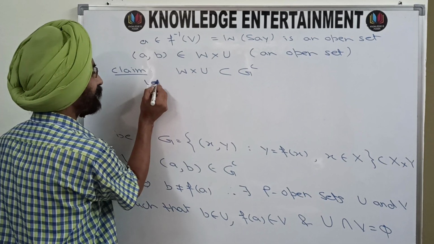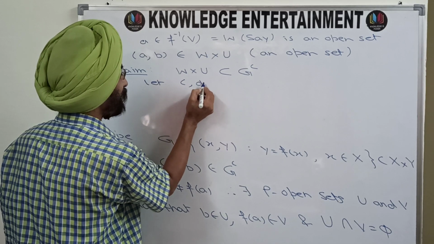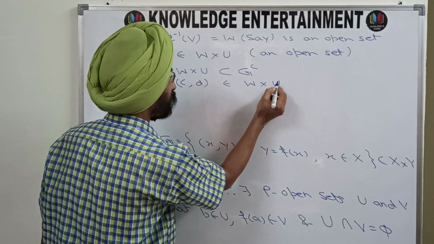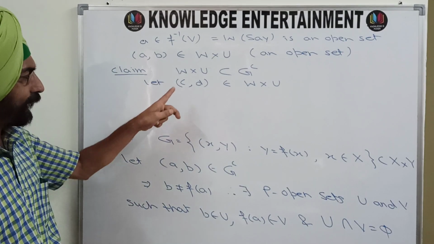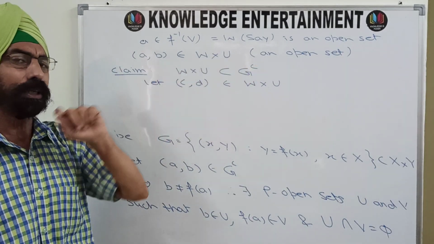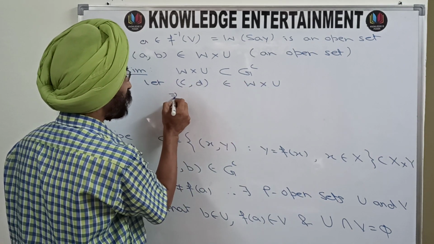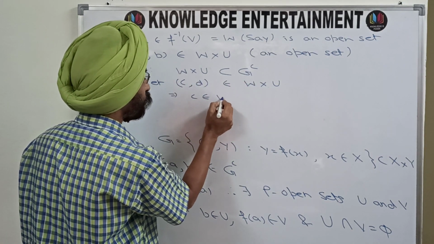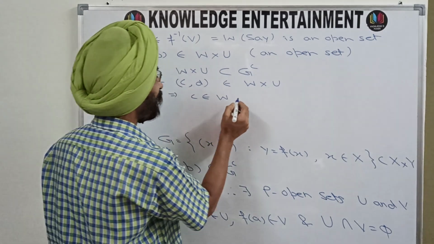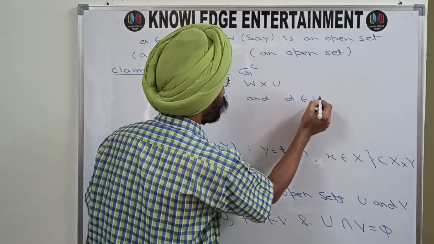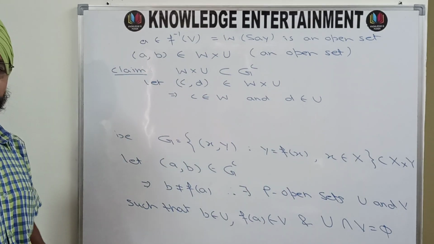So let (C, D), a doublet, be an element of W cross U. And I'll show that this element (C, D) also belongs to G complement. (C, D) belongs to W cross U means your C belongs to W and your D belongs to U.